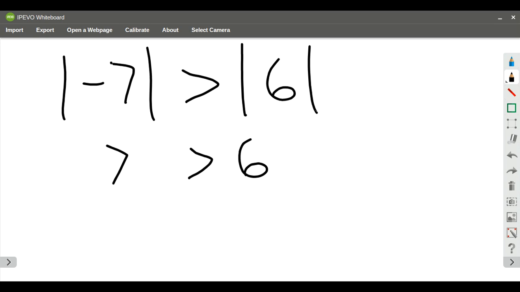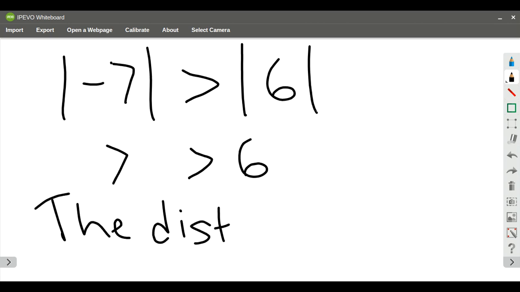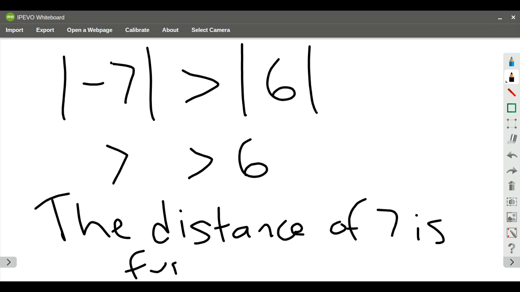So the absolute value of negative 7 is greater than 6 because the distance of 7 is further from 0 than 6.